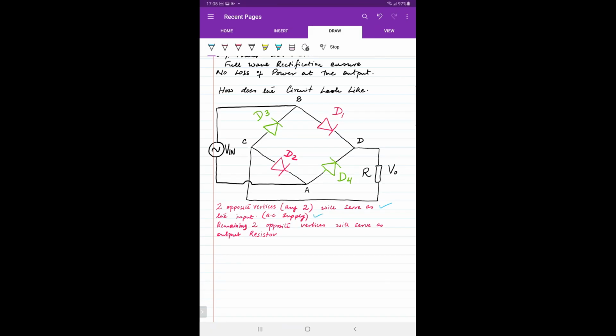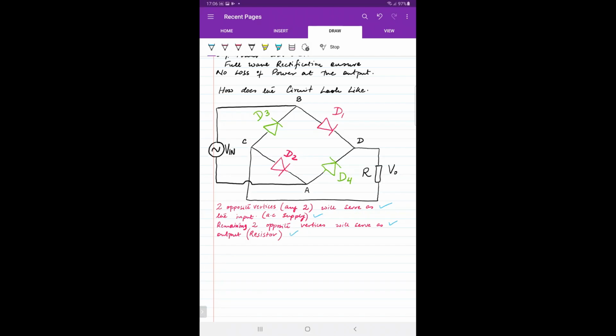Then the remaining two opposite vertices, so whichever are the remaining vertices, they will serve as the output. And again, you would know they are serving as the output because a resistor will be placed at the output. So AC supply at the input terminals and a resistor at the output terminals.